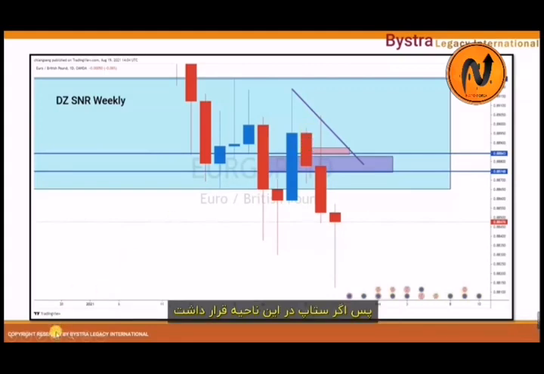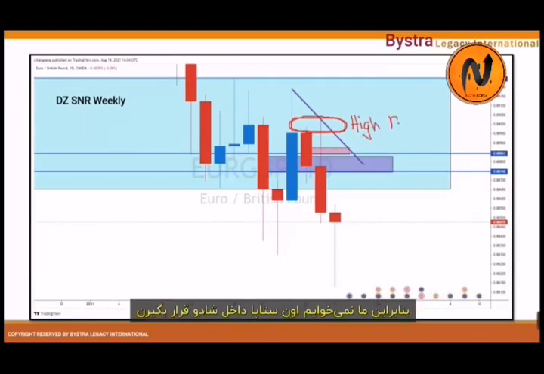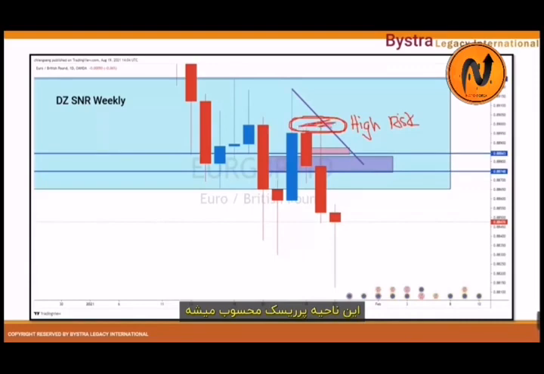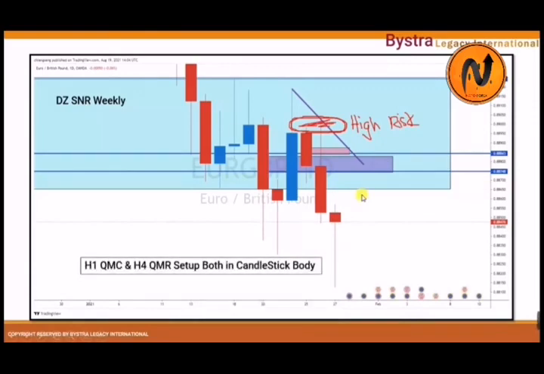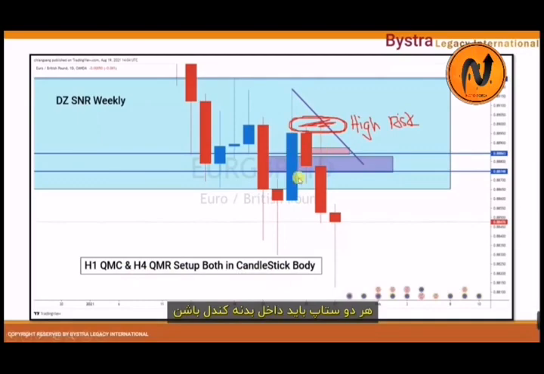So if the setup is here, in this area here, then it will be considered high risk. Okay, so we do not want those setups to be at the wick. This area is considered high risk. Okay, remember, guys, both setups have to be at the candlestick body. So it met the SOP.